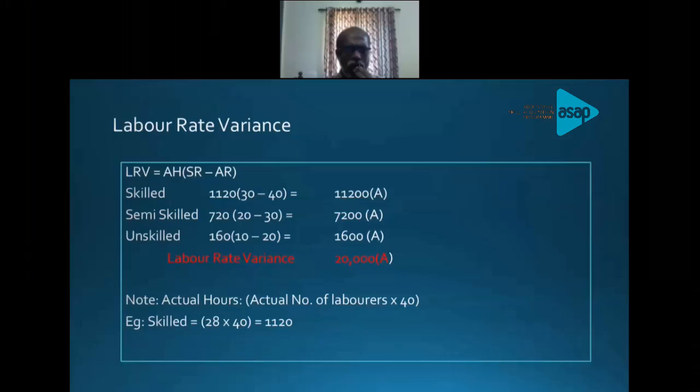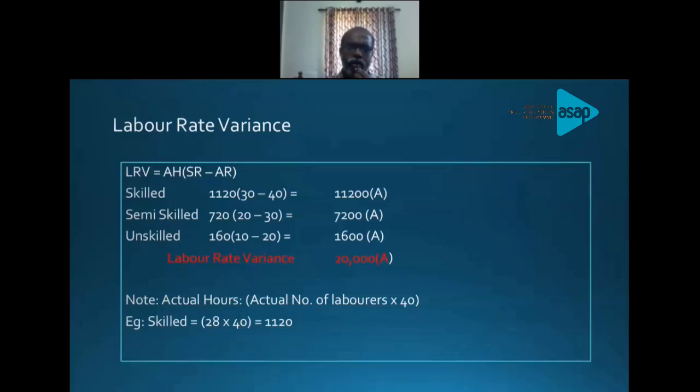It is very simple. So the labor rate variance is also over. I think you have this with you and have written it down in your book.